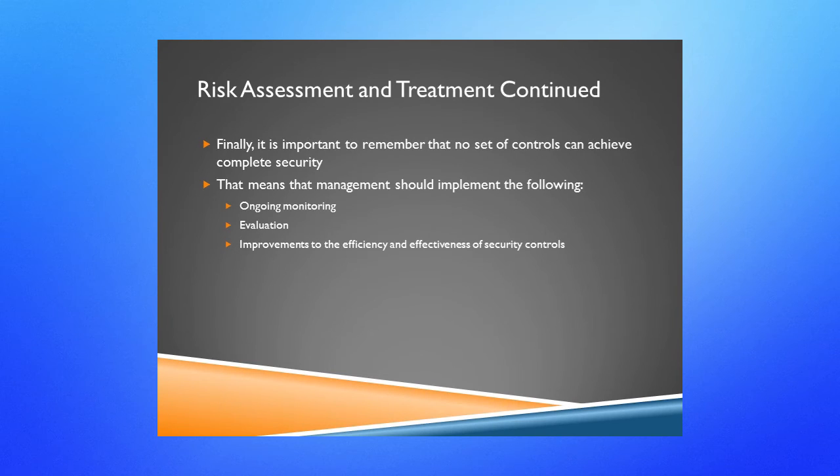Finally, it's important to remember that no set of controls will ever give you complete security. There's no such thing as 100% security. That means management should implement some ongoing features like ongoing monitoring and evaluation, and realize that there are things they could do to improve the efficiency and effectiveness of security controls. And again, that's the ongoing monitoring and evaluation.